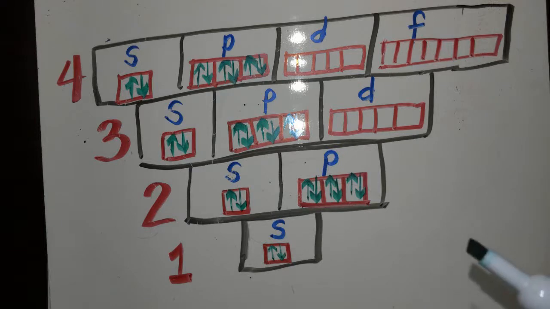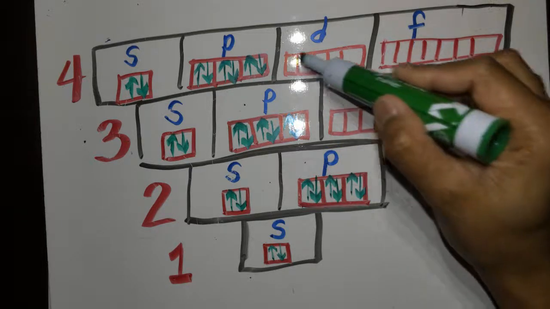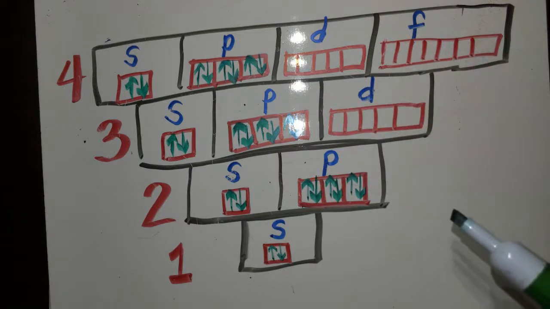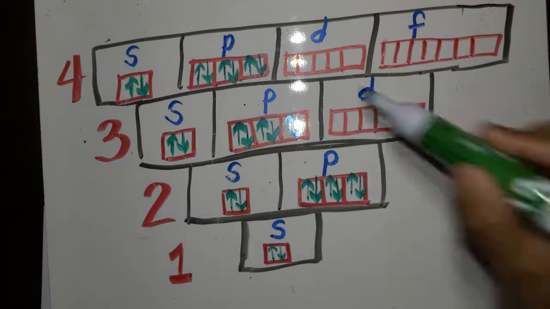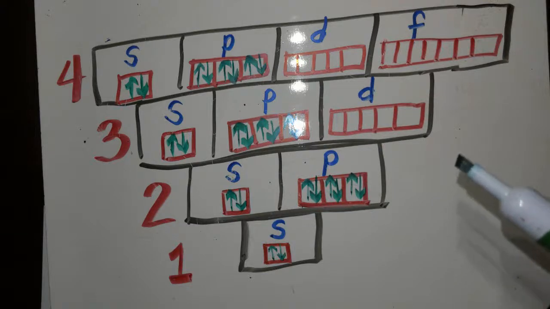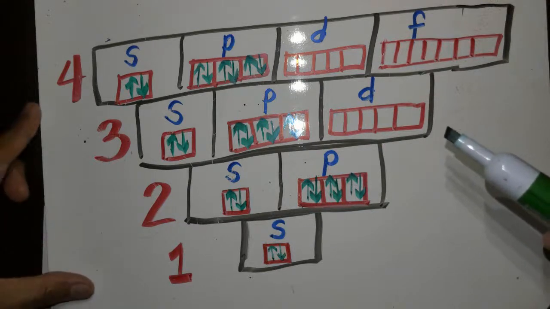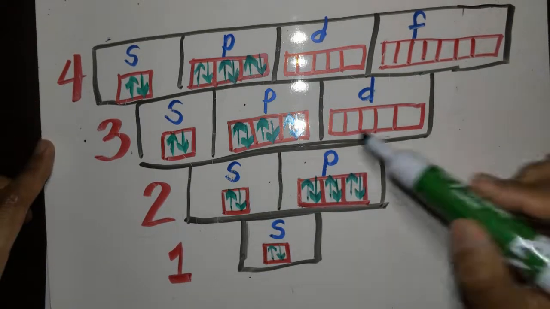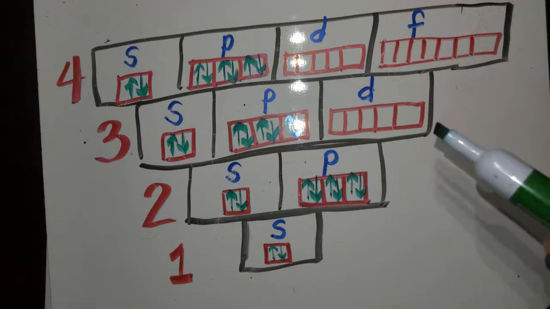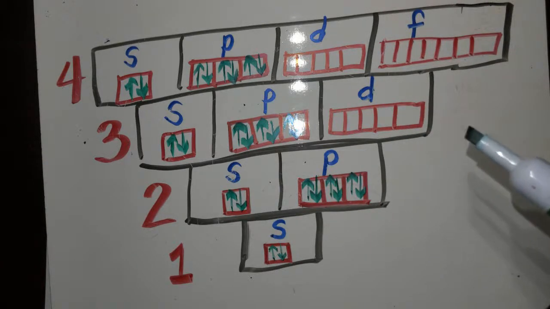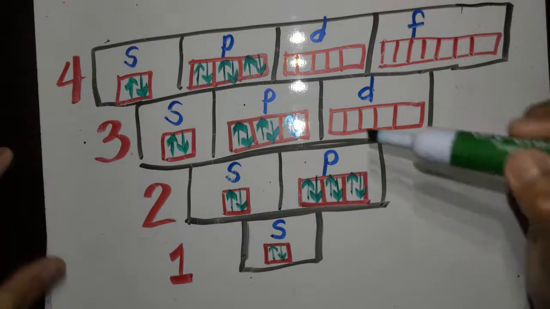And now we can guess. If we go to the D, how many orbitals does the D sublevel have? 5. There are 5, correct. And so what's the maximum number of electrons in the D? If there are 5 rooms, or 5 orbitals, and 2 electrons in every room, what's the total number of electrons in the D?